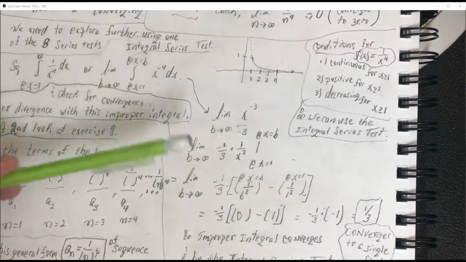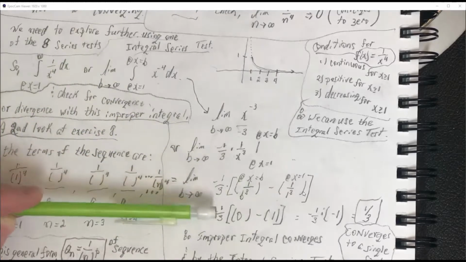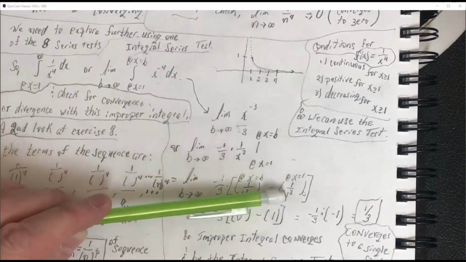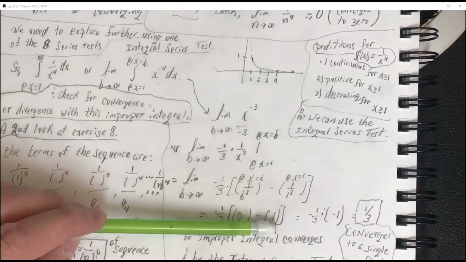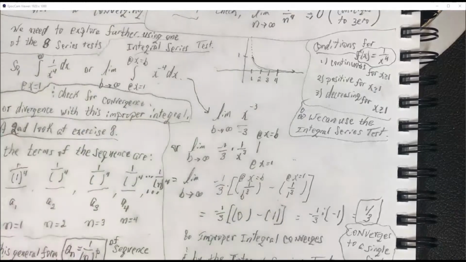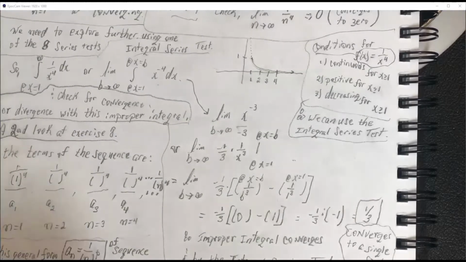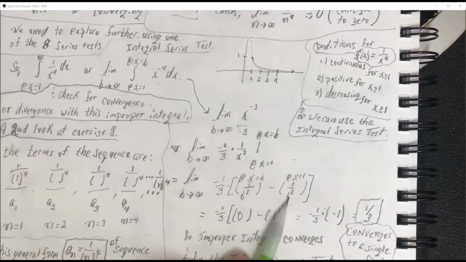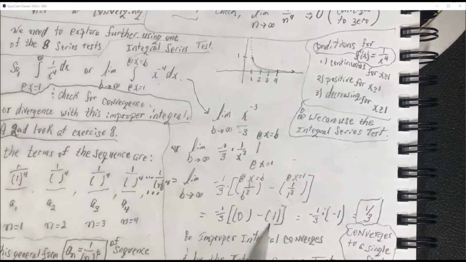Then clean that up, that's -1/3 still. 1 over 1 cubed is just 1. Now what about when we take the limit? There are no b's in the second part, but there is a b right here. So this part is not affected by when we take the limit as b approaches infinity. So this just stays the 1.